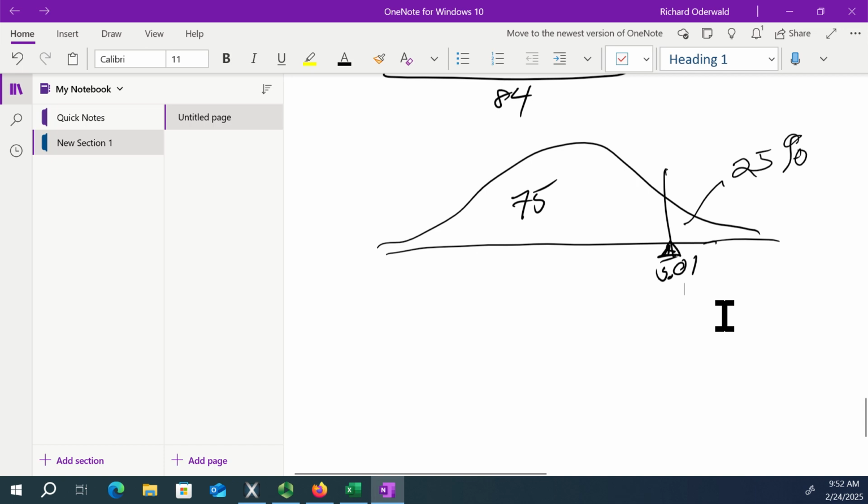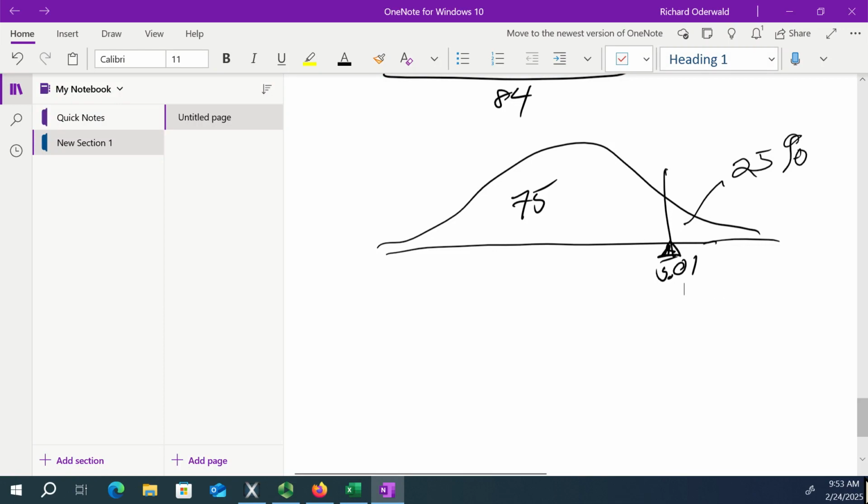So 75% is to the left of 5. 25% is more, and that's the 25% I want. But to get it, I've got to come from here. That's the only thing about the commands that you have to remember. It always starts back here and comes up.